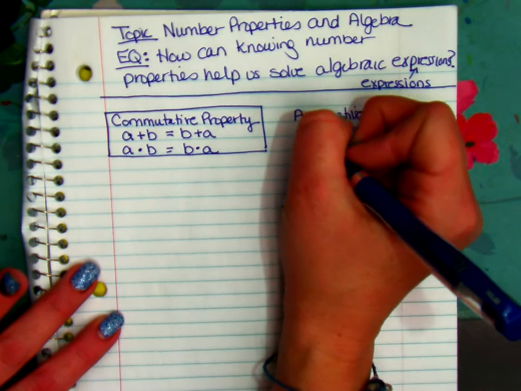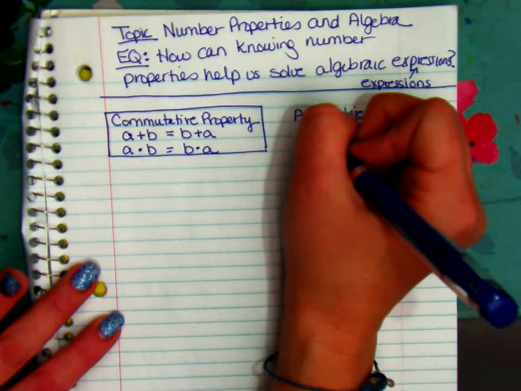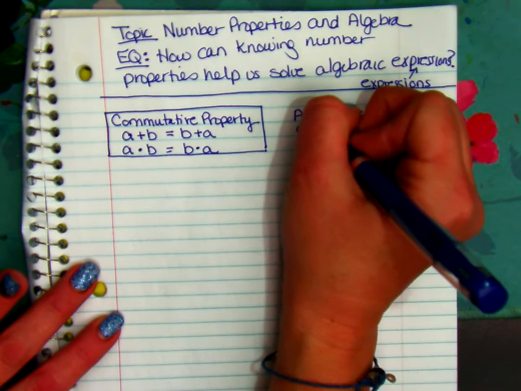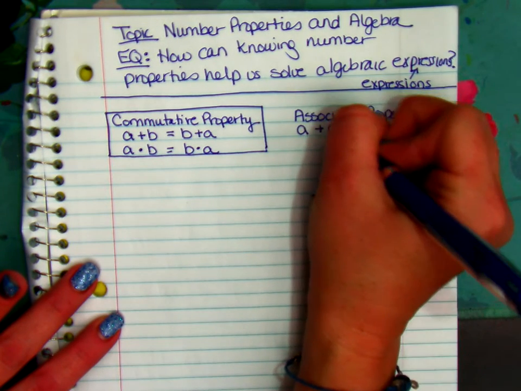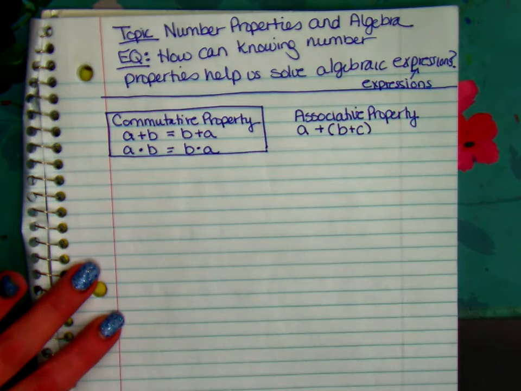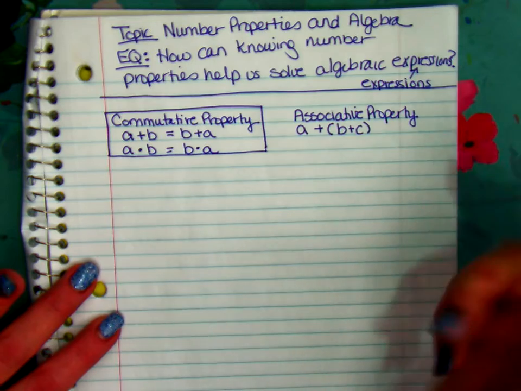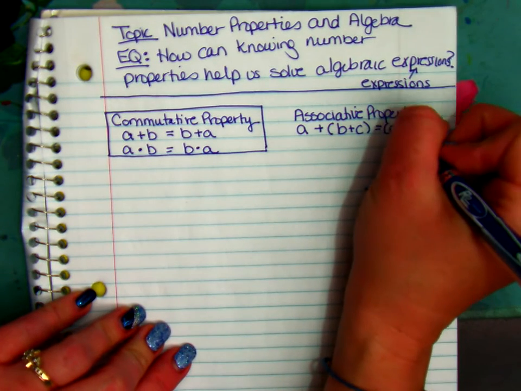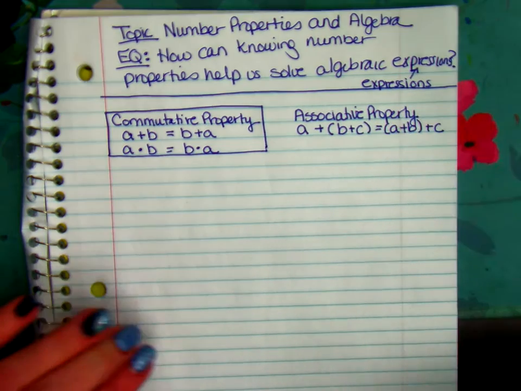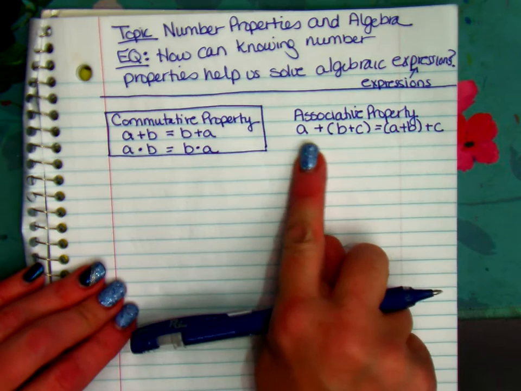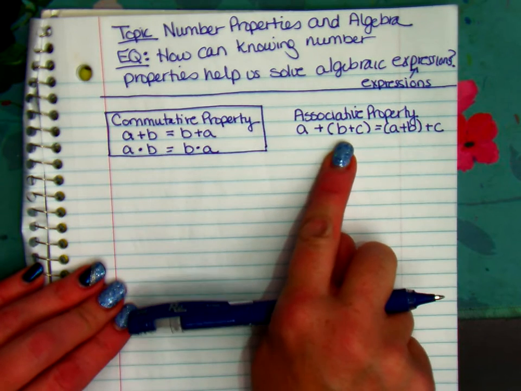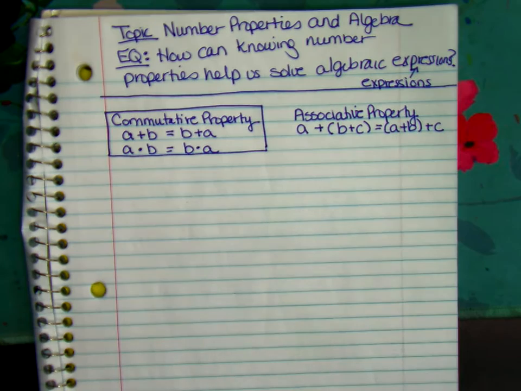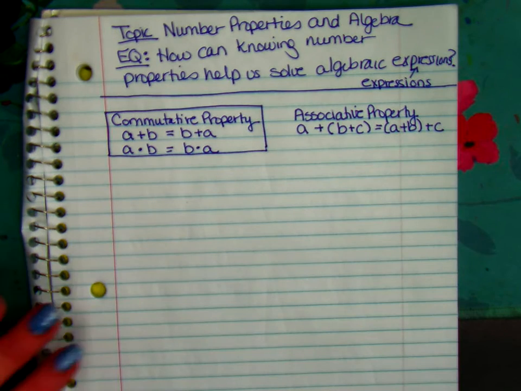So if you were to have, for example, A plus parentheses B plus C, right now B and C are associating with each other, but you could move that and you could have A and B associate with each other and it would still have the same value. So it doesn't matter if the association is happening between this addition problem or this addition problem. As long as it's all addition, it's going to have the same value.